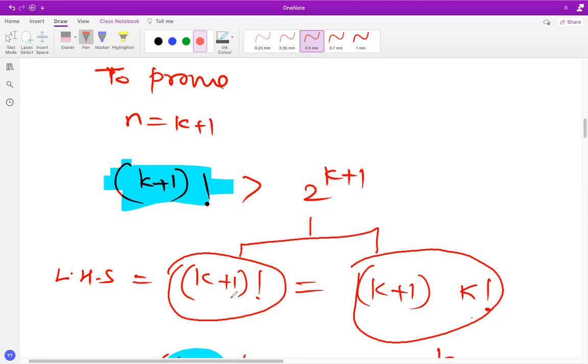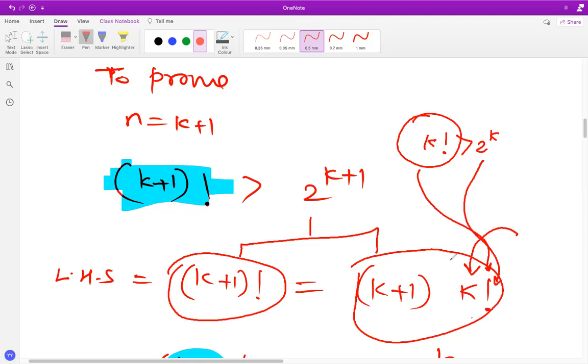What if I replace this k factorial, which is higher than 2 raised to k, with a smaller weight, so the smaller weight is 2 raised to k. If I replace a higher weight with a smaller weight, this side will tilt.